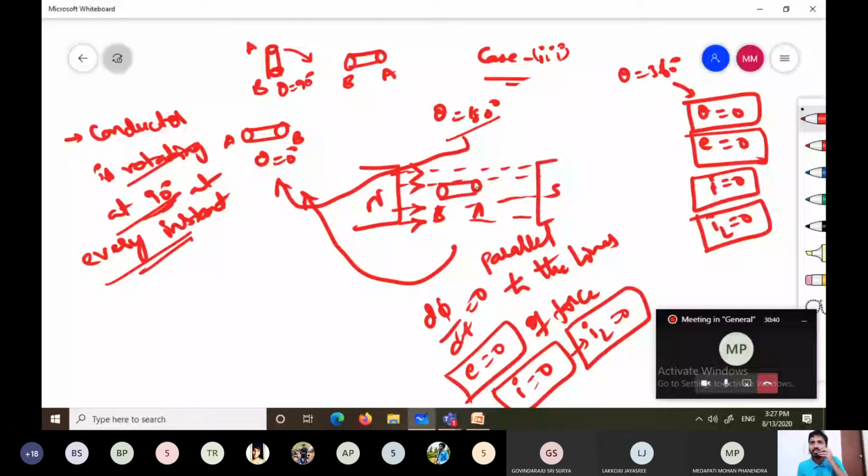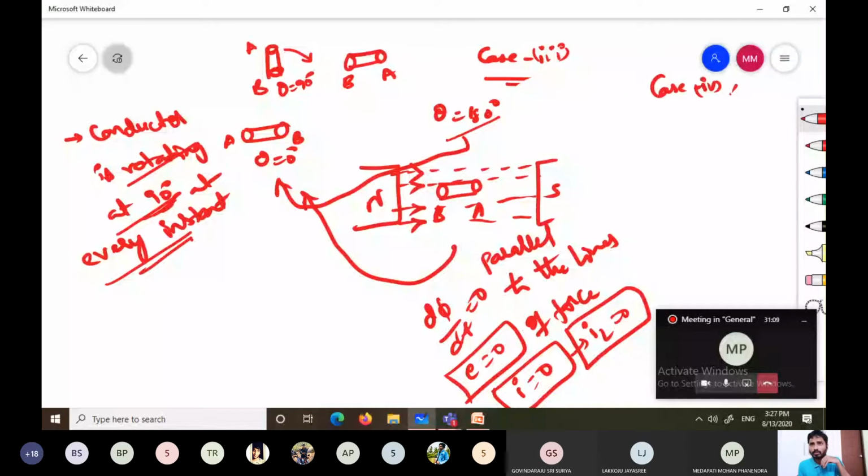Now we'll see the fourth case also. For that I need to erase this. Can I erase this? Yes, sir. Case 4. θ equals 270. So now the conductor position at 180 degrees is from B to A. Again it is rotating in the clockwise direction.